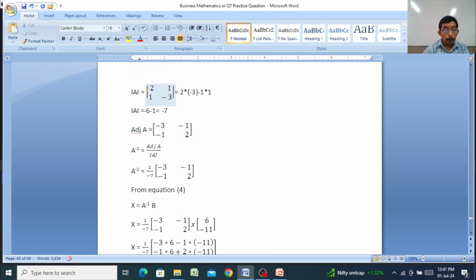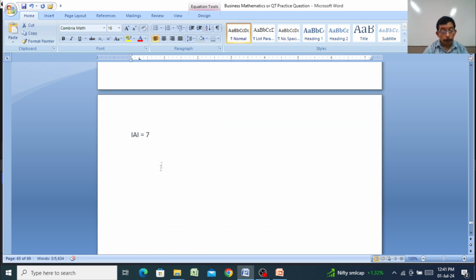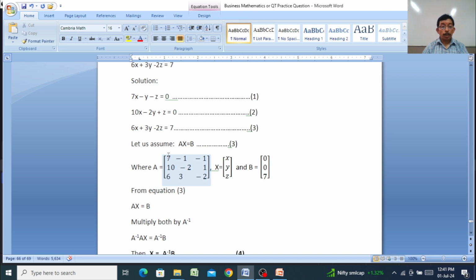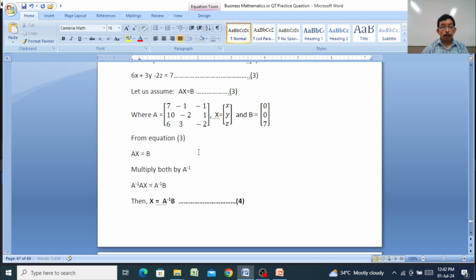Then the determinant of second order: first row, first column element cancelled out, then minus 2, 1, 3 minus 2.